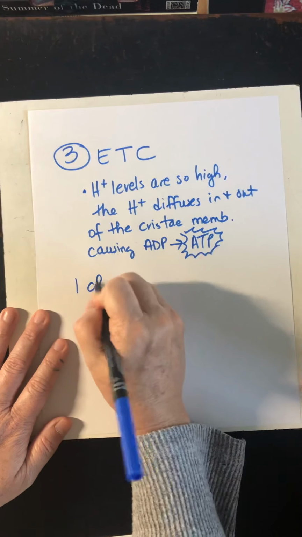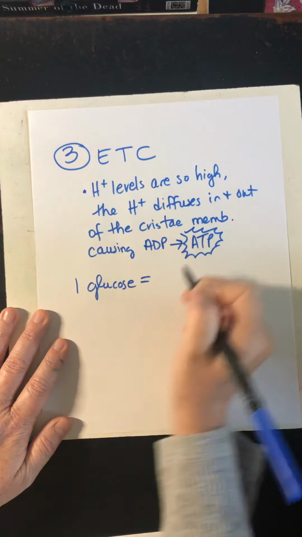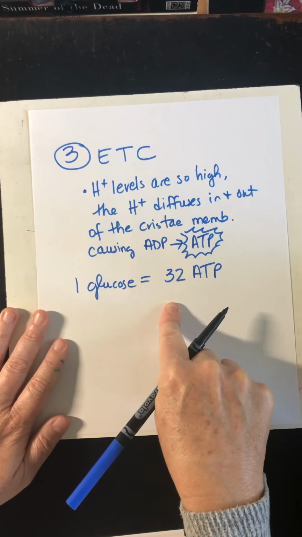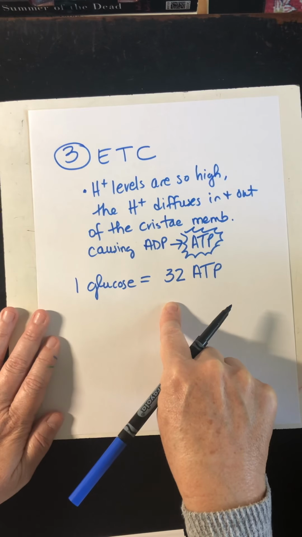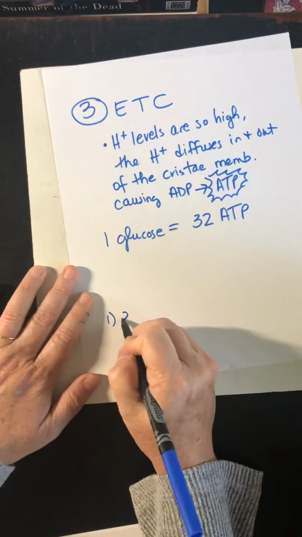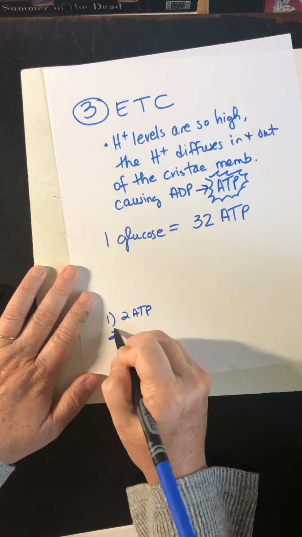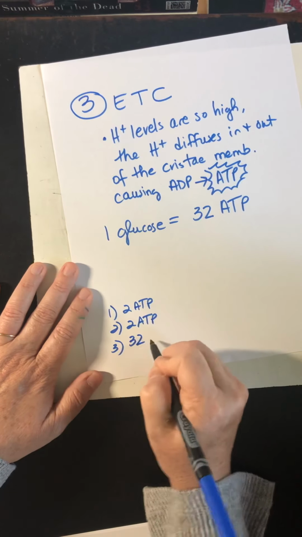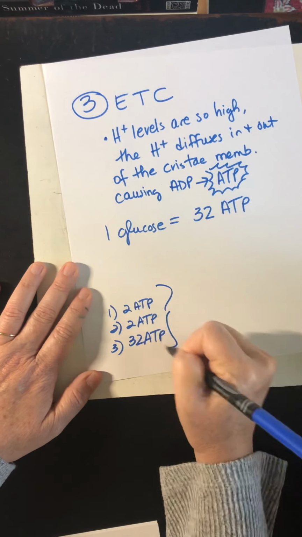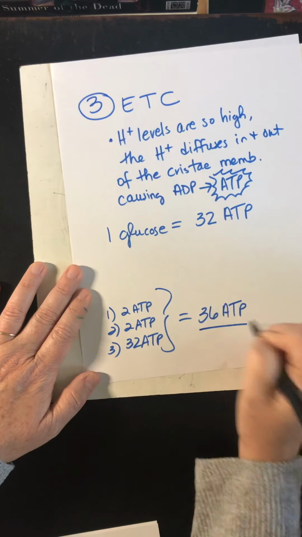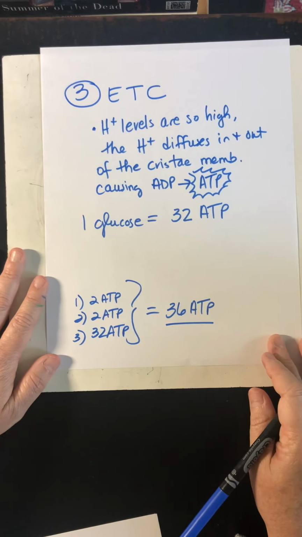So 1 glucose will give us 32 ATP at this level, okay? So now we are looking at step 1 gave us 2, step 2 gave us 2, but step 3 gave us 32 ATP. And that's going to give us 36 ATP total from the aerobic respiration.